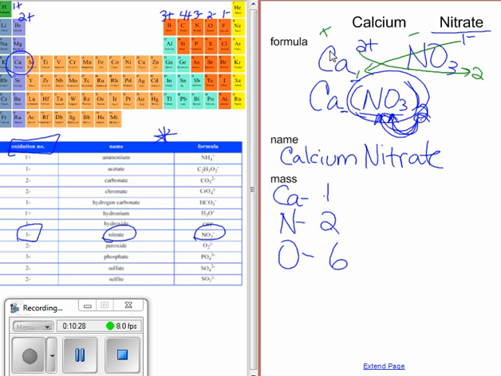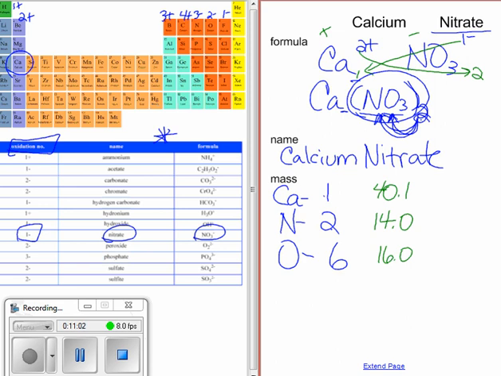This periodic table is much too small to see, so you're going to have to use your own. For calcium it's 40.08, and I'm going to go to 1 decimal point, so I'll call that 40.1. For nitrogen, I have 14.01, so I'll call that 14.0. And for oxygen, we have 16.0. Those are the atomic masses for each of those.